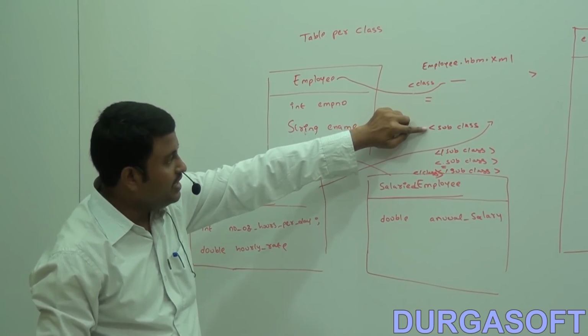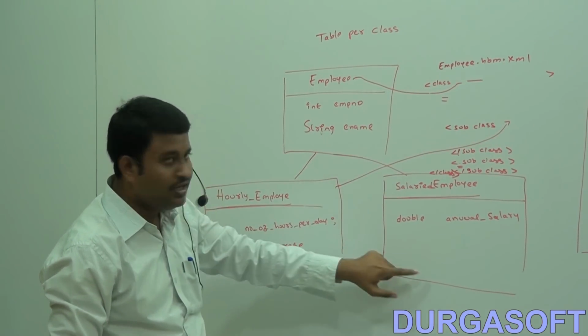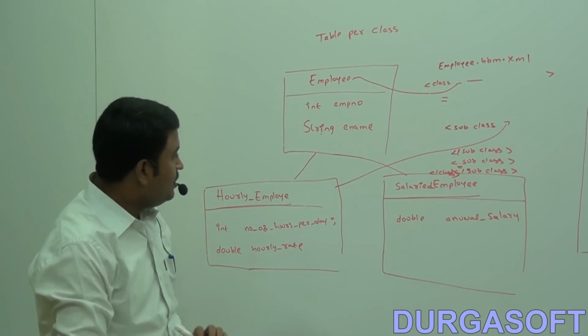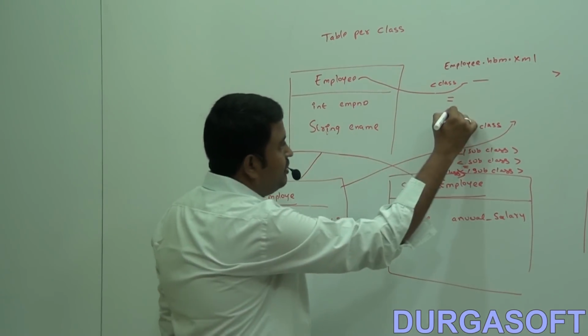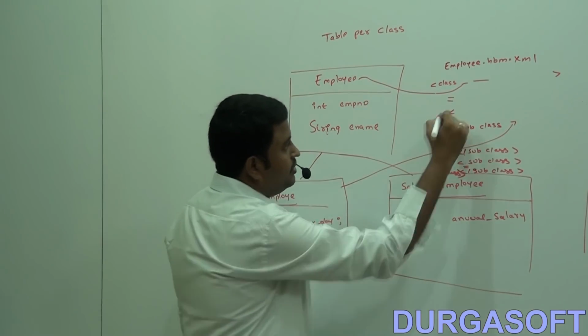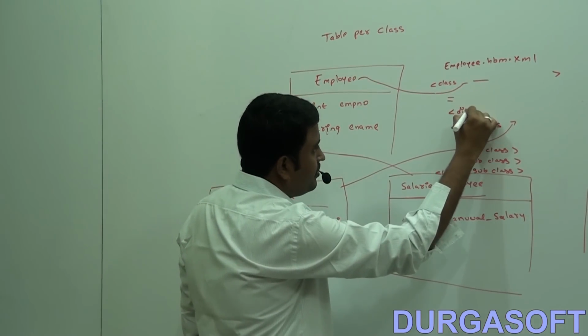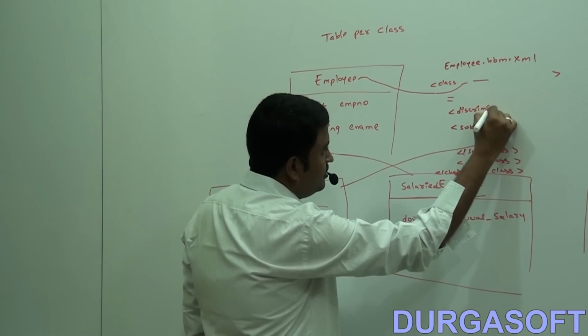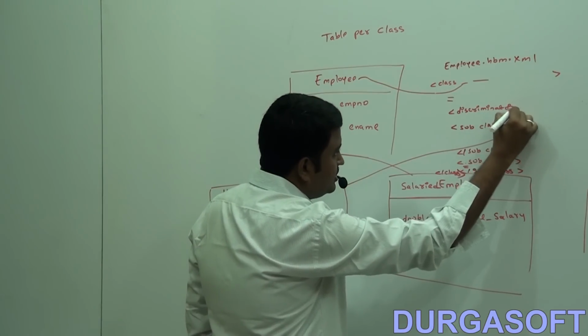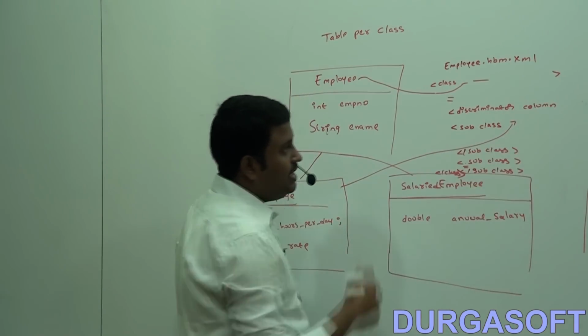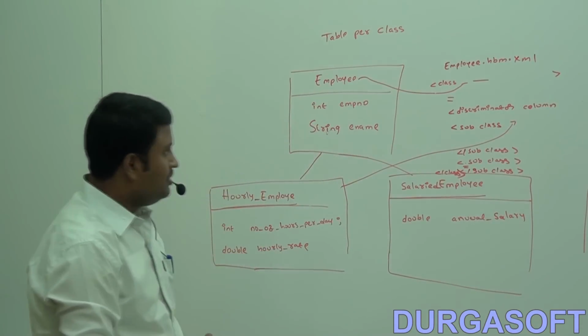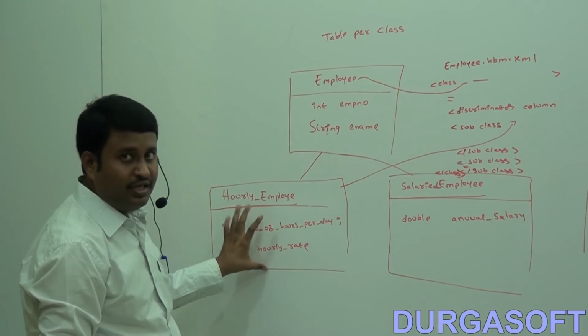Through the subclass tag we map the corresponding child objects. To identify a particular child class, here we use one special column called the discriminator column. We use this discriminator column to identify a particular employee.